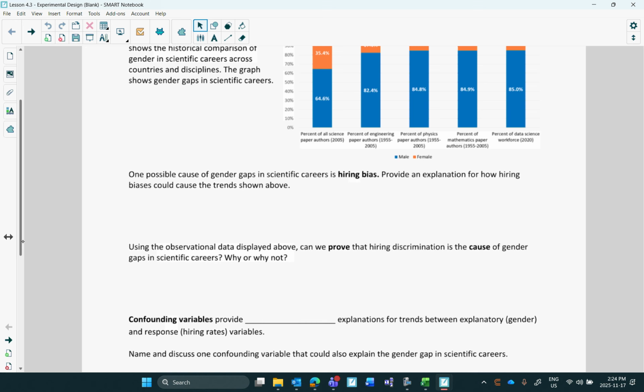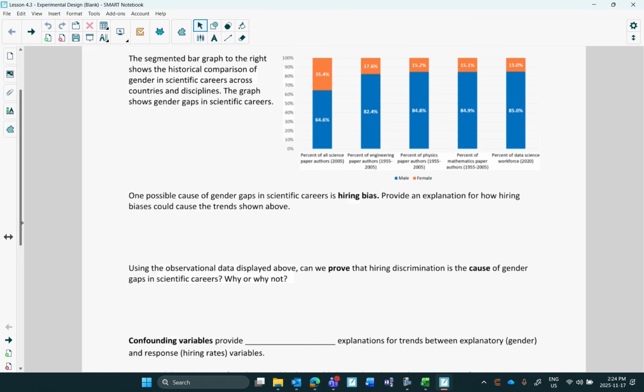So what explains this? Well, one possible cause of gender gaps is something called hiring bias. How do you think hiring bias would cause the trends that you see in the segmented bar graph? Who's the hiring bias against? Women, right?